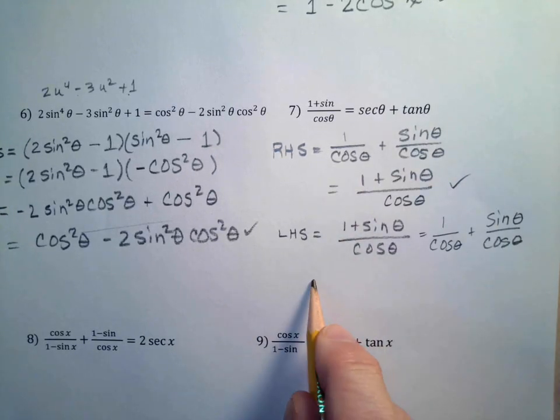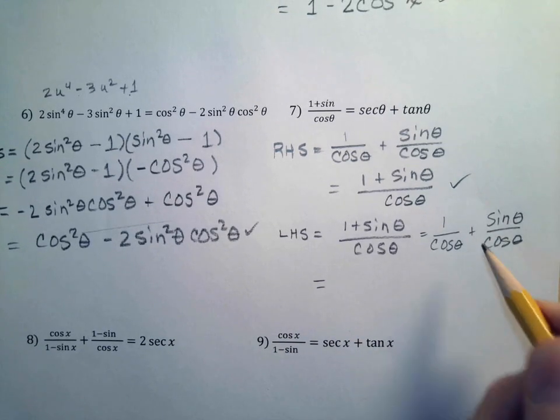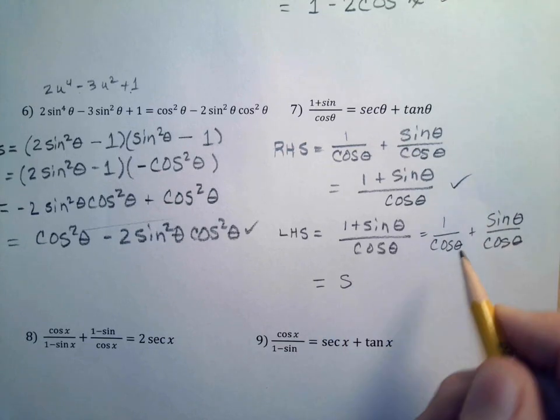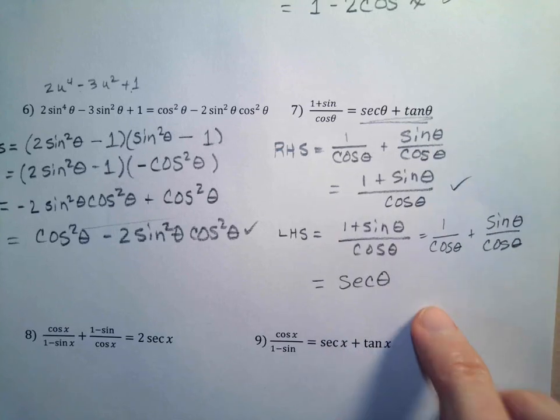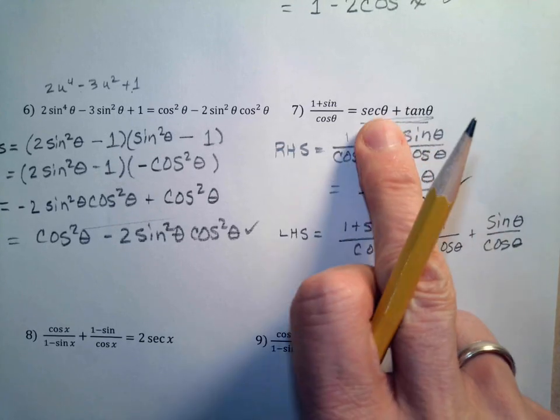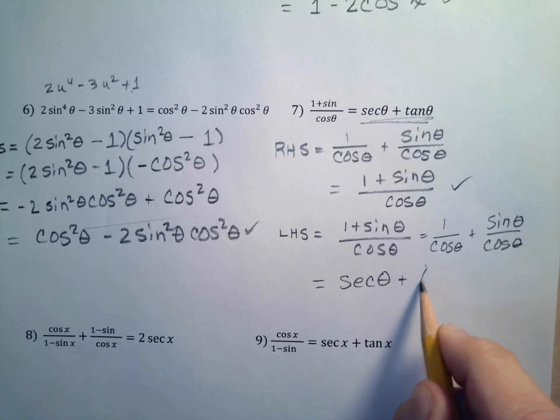Usually I work down. I'm not sure why I worked across there. And then we can convert that. 1 over cosine, that's secant theta. Again, you're going to want to be looking at where you're going, right? So, I can turn this into secant theta, which is what I want. And then sine theta over cosine theta, that's tangent theta.